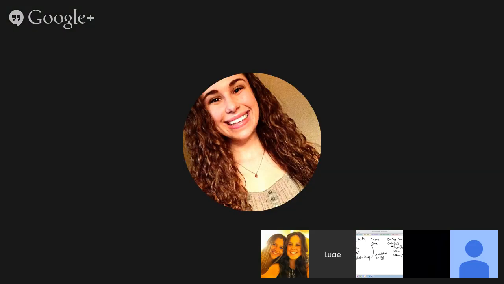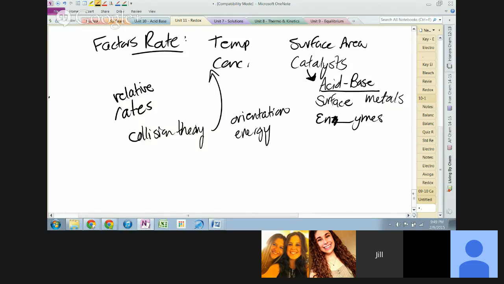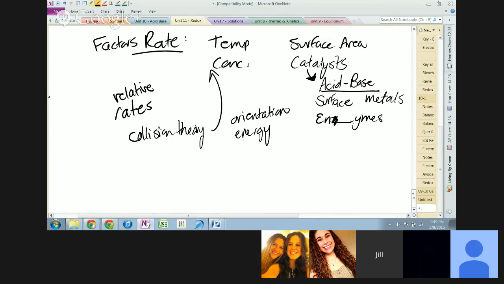Yeah, I think so too. I think all the calculations are pretty simple, but I'm worried about the multiple choice. There are always a few tricky questions about the concepts that, if you think about it the wrong way, you'll throw yourself for a loop.